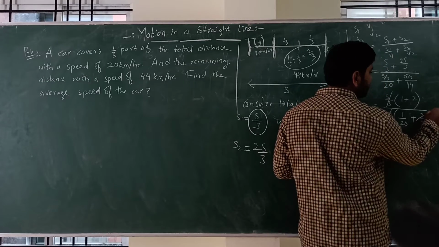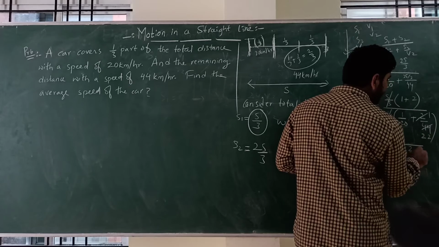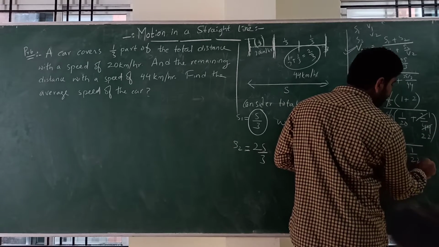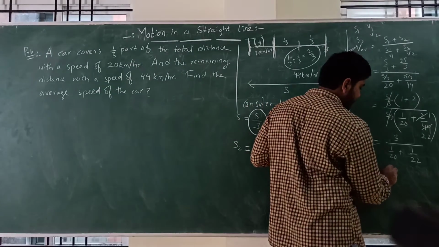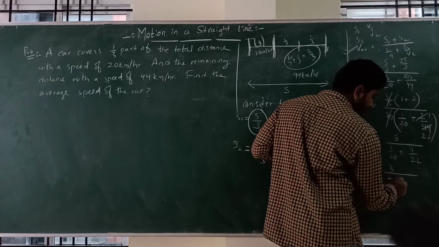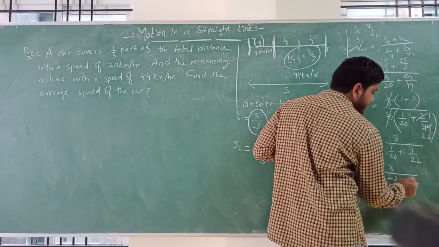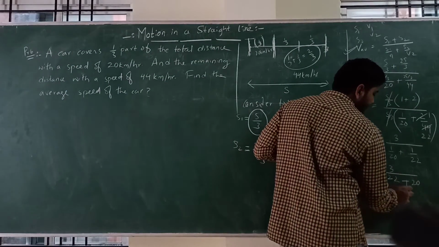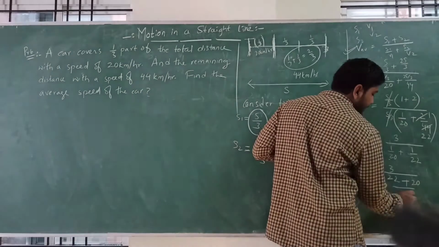Just cancel it. 2 ones are 2, 2 twos are 4, 2 twos are 4. So finally it is how much? 1 by 22. Now if you do the cross multiplication, 3 divided by (22 plus 20) by 20 into 22.